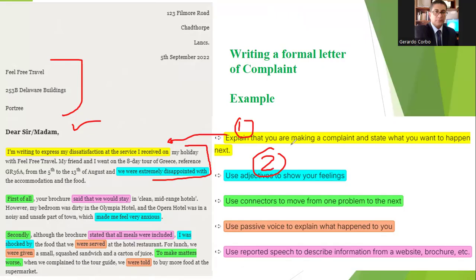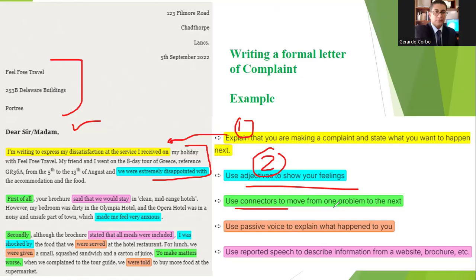Okay, remember that most of the time we write complaints to companies who offer some service, who sell things. And then, well, it's important to use adjectives. We have studied how to express your feelings, your emotions. So here we have an opportunity to do that as well. Try to use connectors. Why connectors?